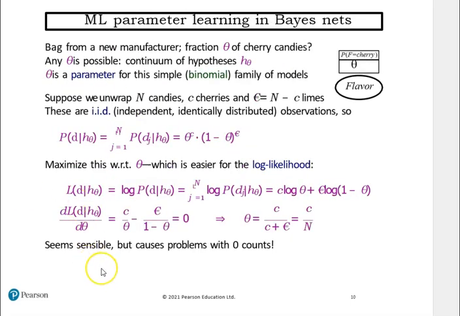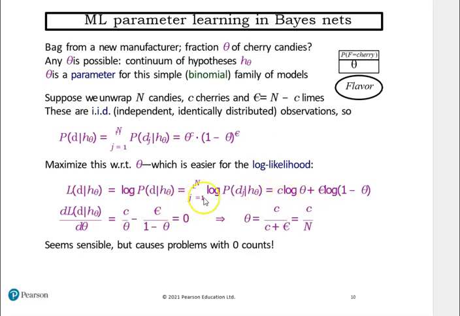So that's a 3-step process. Let's recap what we did. The first step is to write down an expression for the likelihood of the data as a function of the parameters, one or more parameters, which is this equation right here. This will depend, of course, on the probability distribution that you're using and the process that you're modeling.